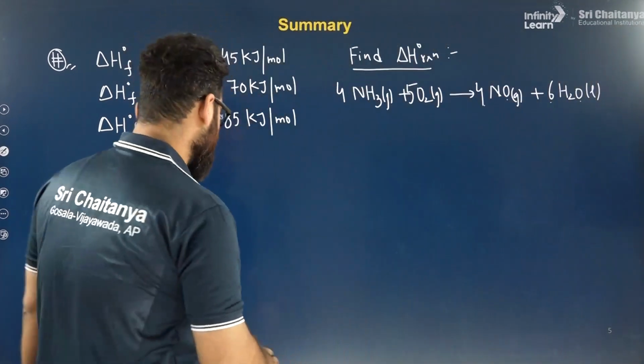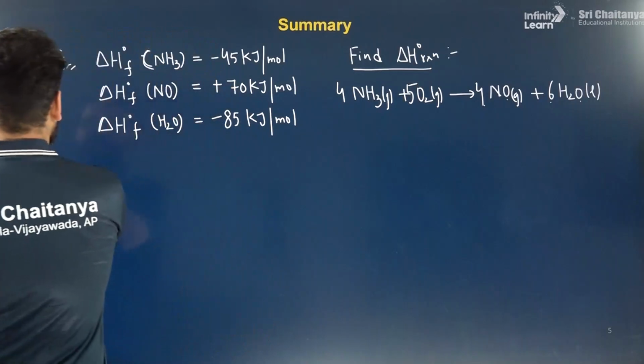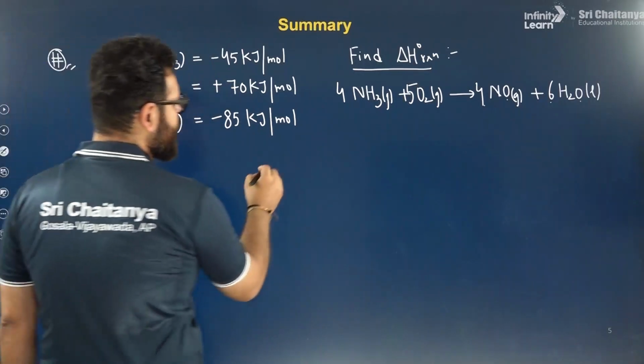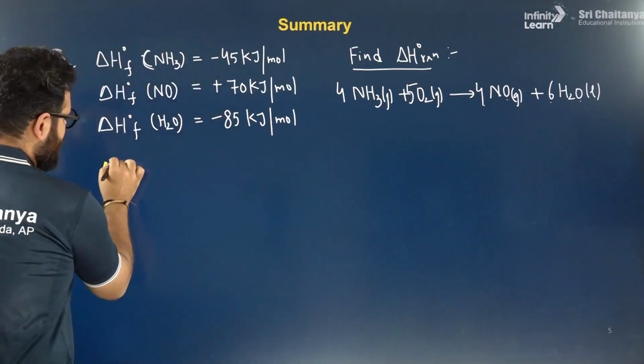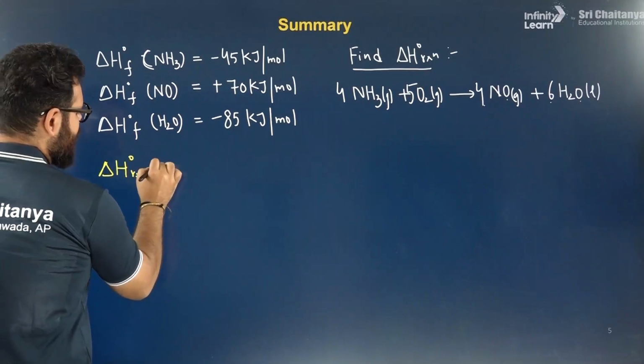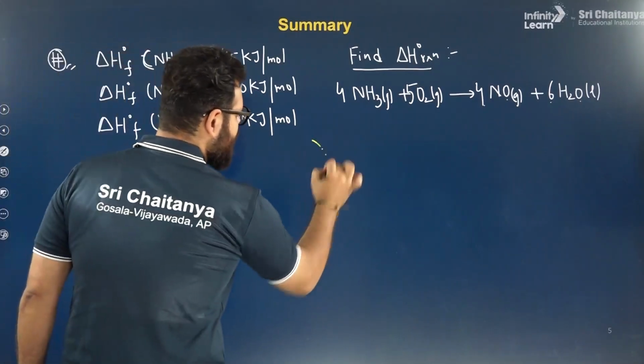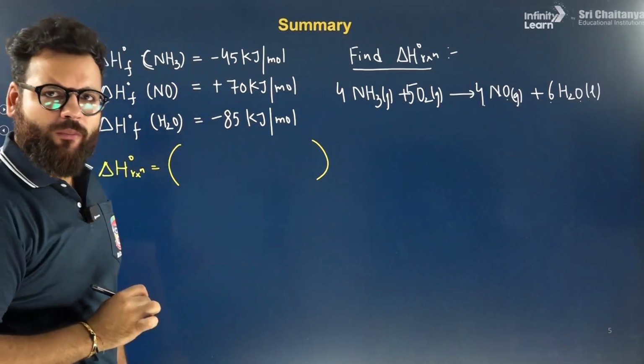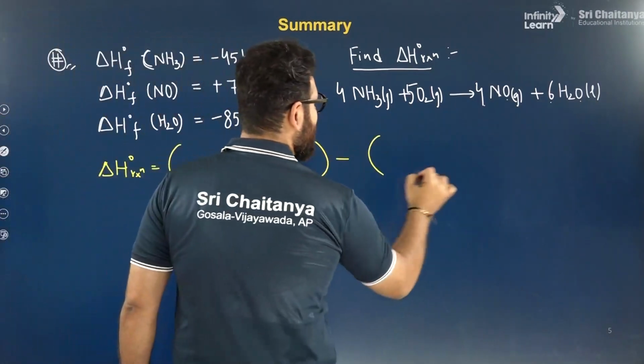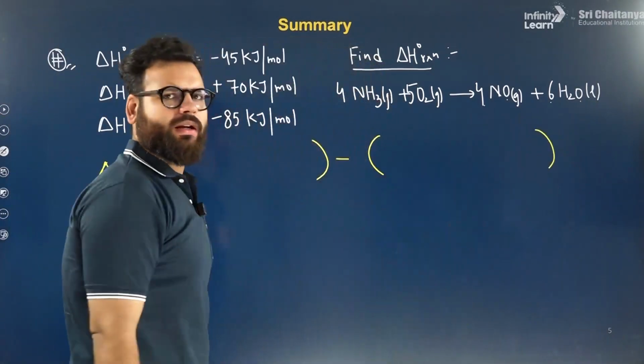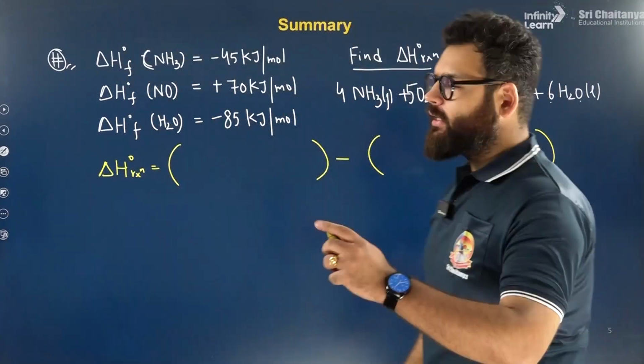Quickly let us solve it. We have to find delta H reaction. I just told you the formula: delta H naught reaction equals the first bracket containing formations of products minus the second bracket containing formations of reactants. First we'll write the formula.